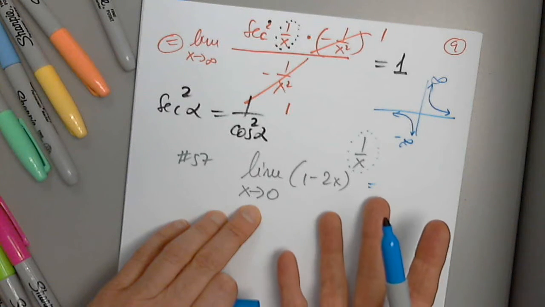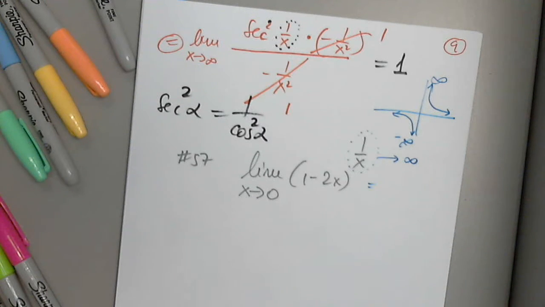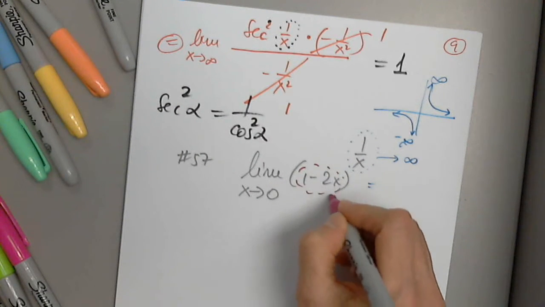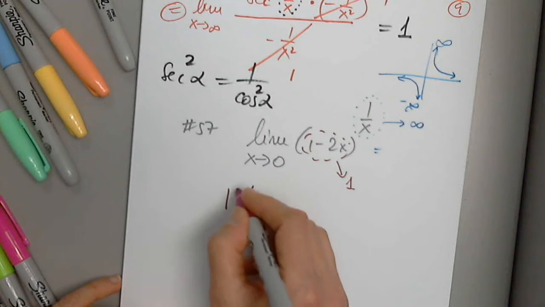It's D and E, right? But it's an infinity. Okay, so that top is infinity. 1 over x approaches infinity in this case. But where does 1 minus 2x go? To 1. So this is another indeterminate case.